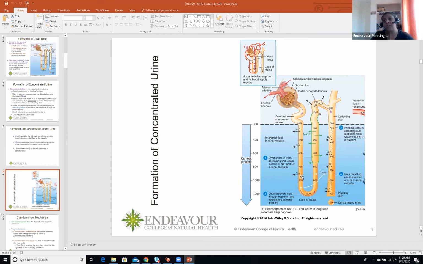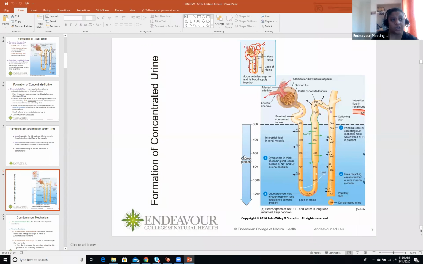Right? This mechanism of increasing the osmolarity as you go further down into the medulla, and maintaining the composition of urine, is all based on the direction in which these fluids are flowing. That mechanism is called the counter current mechanism. We will have a look at the counter current mechanism in a minute.